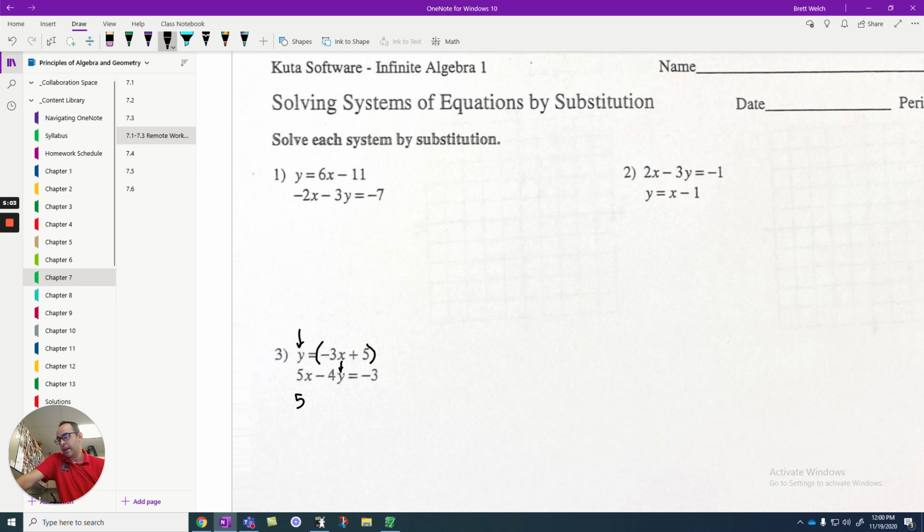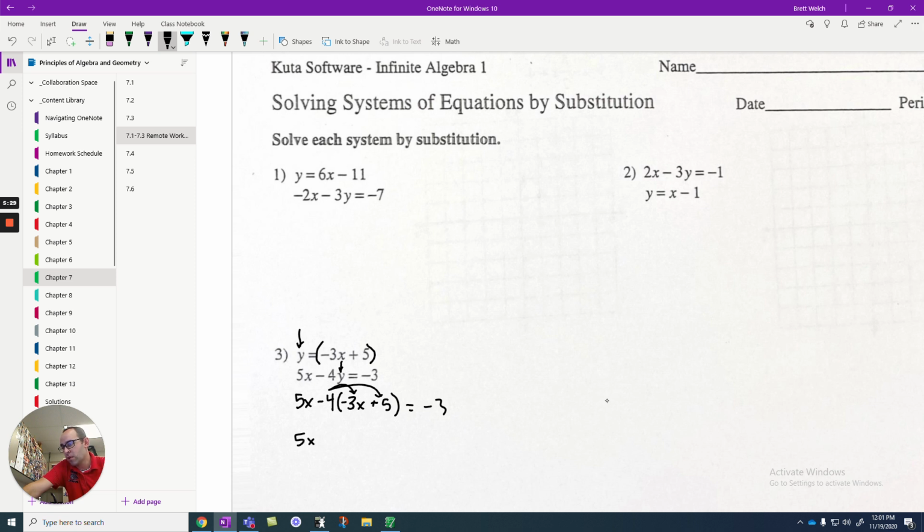So we're going to rewrite it as 5x minus 4. Instead of writing y, I'm going to write what y is equal to, negative 3x plus 5. And that all equals negative 3. At this stage, I need to go through and simplify this and clean this up. So I'm going to start with distribution and get 5x still.